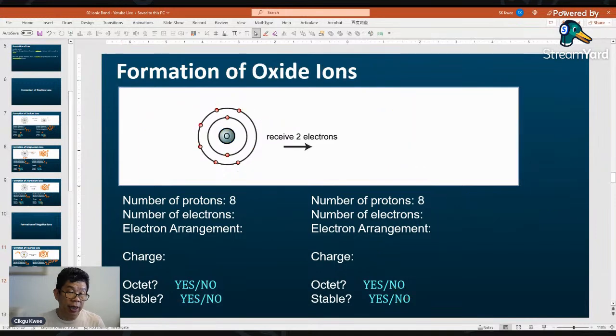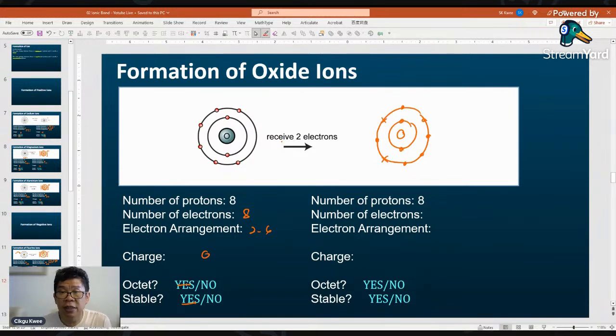Another case, oxygen: 8 protons, 8 electrons, electron arrangement 2, 6. So not octet, the charge is 0. For oxygen to achieve octet, it will receive 2 electrons. Then it will become something like this: 1, 2, 3, 4, 5, 6, 7, 8.